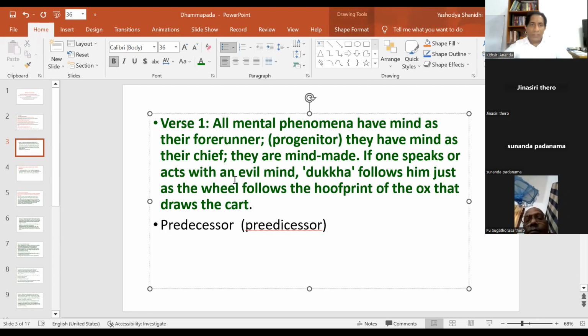If one speaks or acts with an evil mind, bad mind, impure mind, dukkha, suffering follows. Unpleasant experiences, bad consequences follow him, just as the wheel follows the hoof print of the ox that draws the cart.